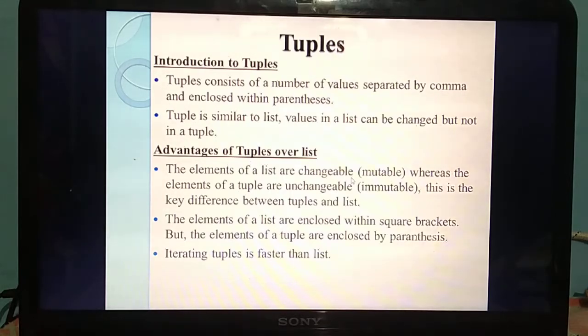What's the first point? The elements in the list can change, but the elements in the tuples can't change. So that we call changeable or mutable. Here, unchangeable or immutable. This is the first difference between tuple and list. Then the second difference: the values in the list are enclosed with square brackets, but in a tuple the values are enclosed within parentheses.